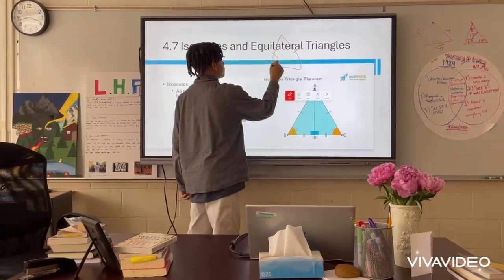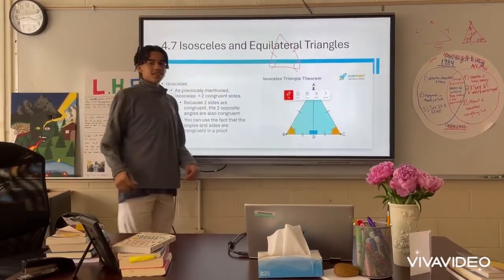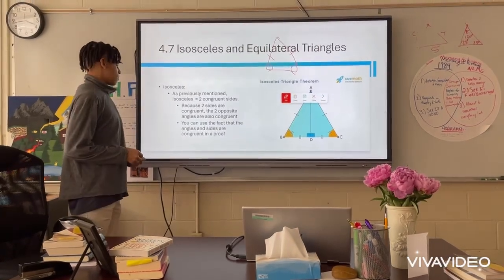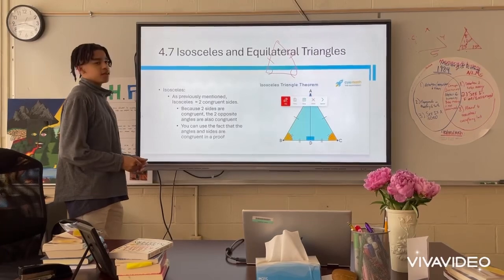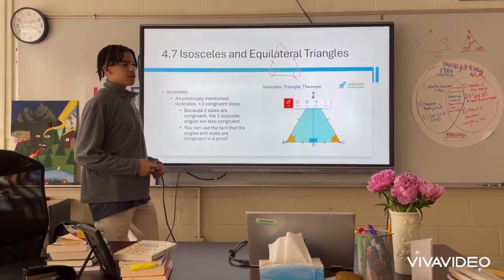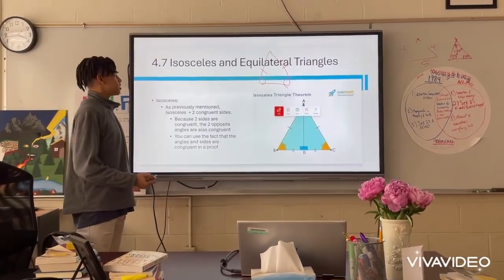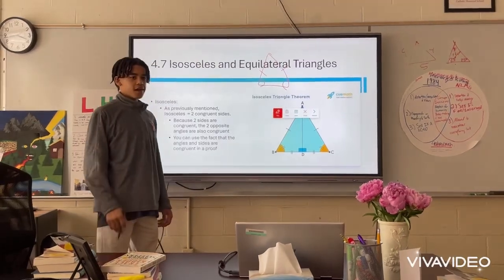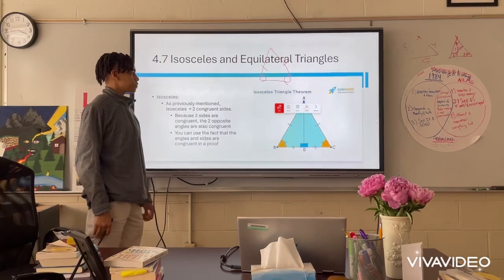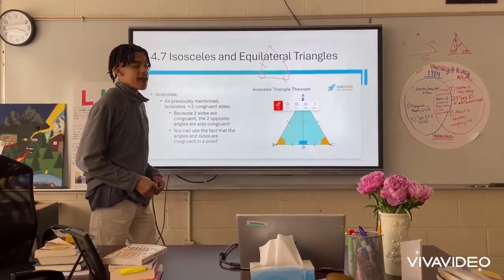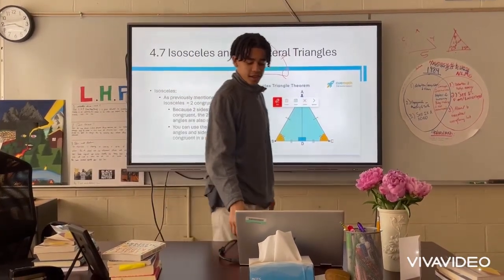So these and these are congruent. So you can also use this fact, the angles and sides are congruent, in a proof. You could use that in a proof because if it says that it's isosceles as a given, then two sides will be automatically equal, which then you could use to get angles or something like that.